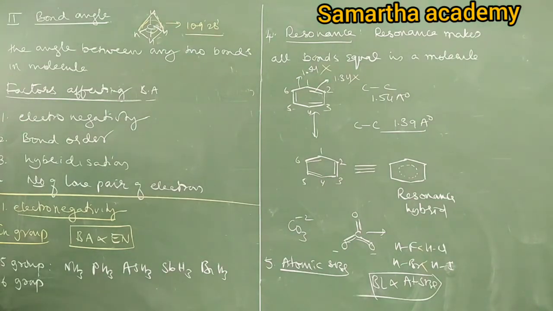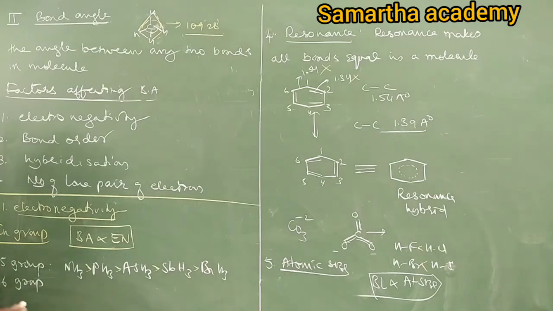What is the bond angle of these hydrides? It decreases. Ammonia has the highest bond angle because nitrogen has more electronegativity. Down the group, electronegativity decreases, therefore bond angle decreases.